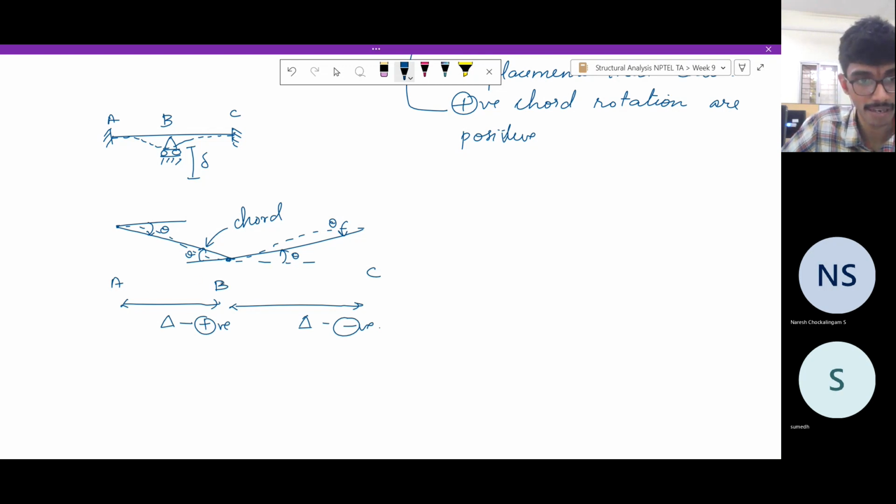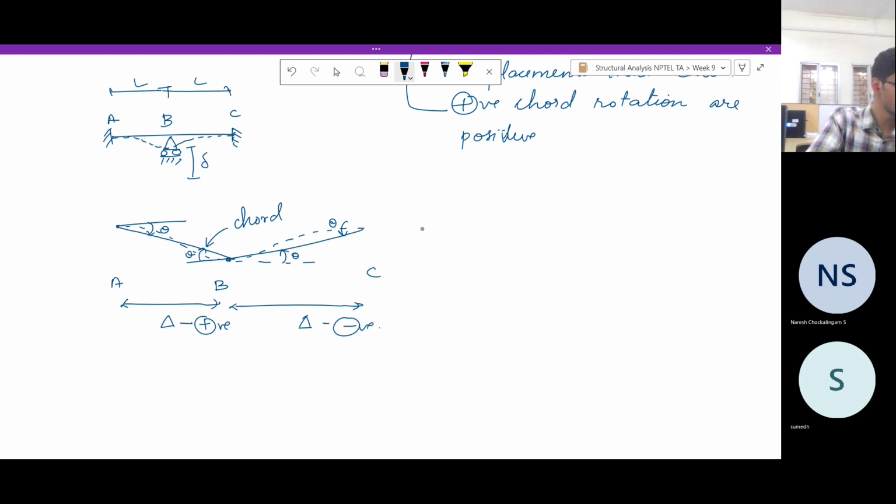In span AB, this chord has rotated by a clockwise angle theta. In the span BC, it has rotated by the same angle. If both spans are of length L, this has rotated by the same angle theta, which is nothing but delta by L. But when you write the slope deflection equation for this span, delta should be taken as negative. So that is the sign convention.